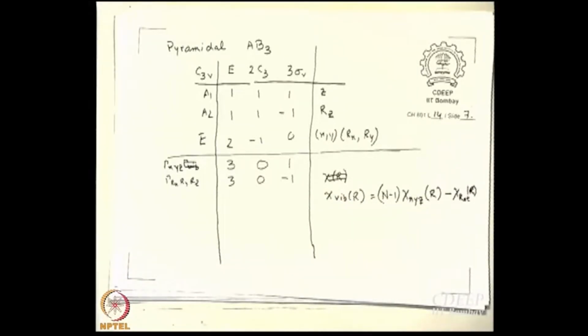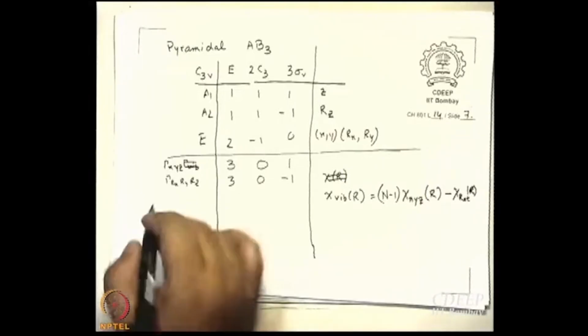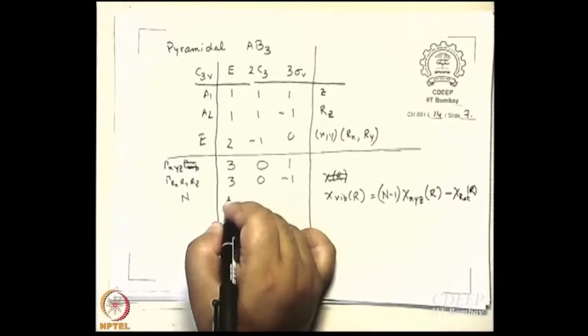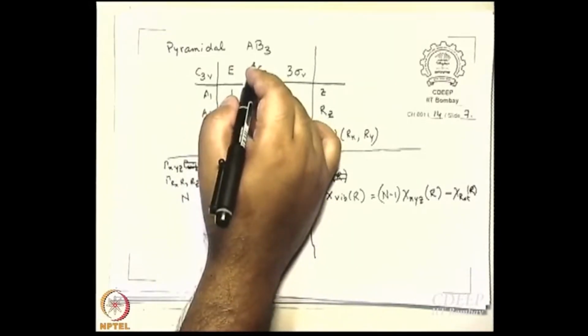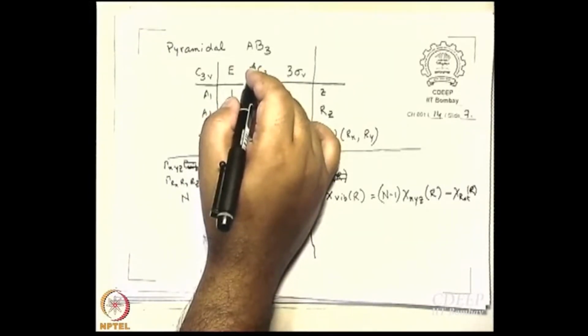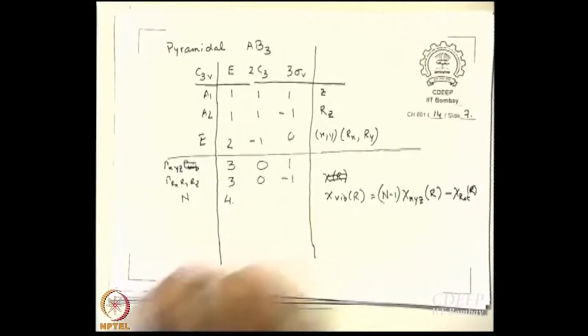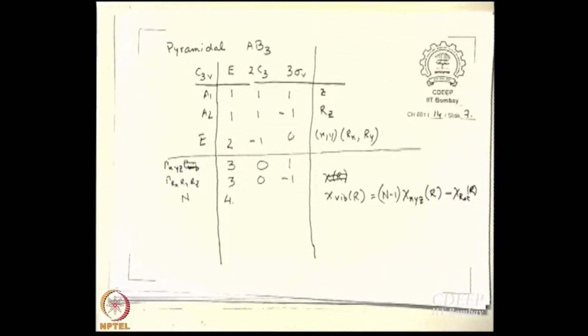Alright. So, now what do I want? I will write N also, just to be a little more methodical. N for this. Don't forget how many atoms are there. How many atoms are there? 4. How many atoms do not change place under the identity operation? 4. How many atoms do not change places upon operation of C3? 1.